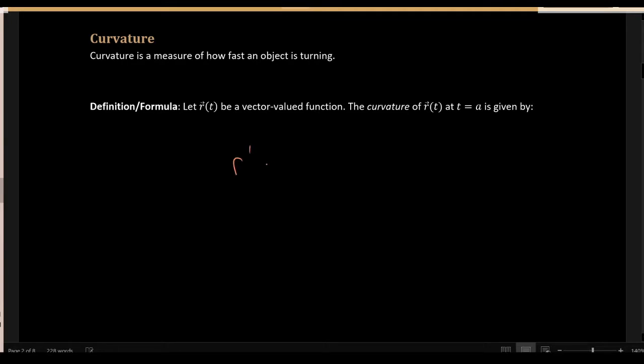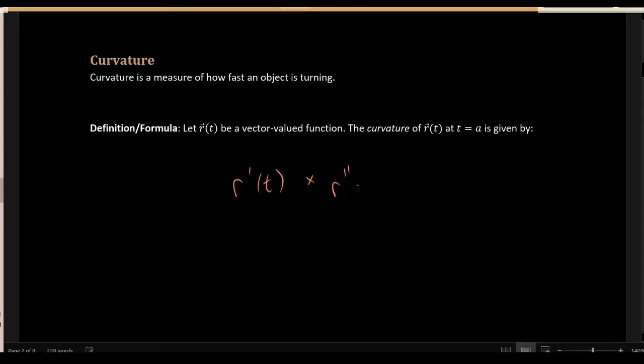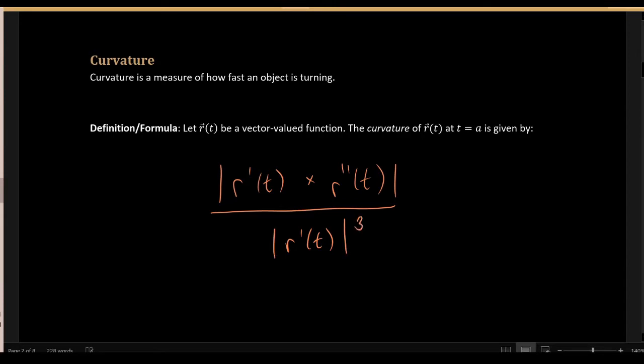You can take r prime of t, the velocity vector, cross it with r double prime of t, your acceleration vector, and calculate the length of that cross product. And then divide that quantity by the length of r prime of t, cubed.